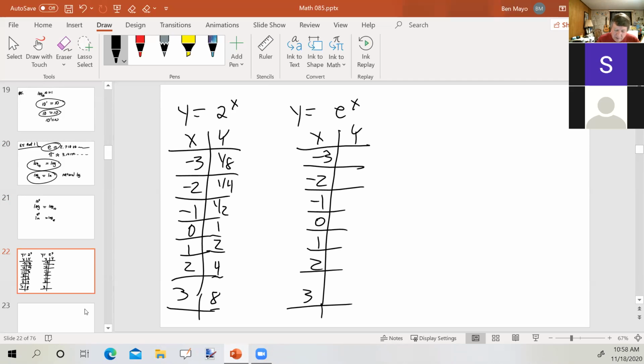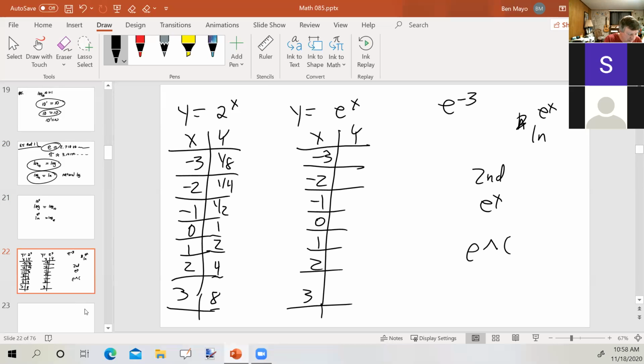Okay, so I need e to the -3 power. How am I going to do that? Well, on that calculator, remember there's the ln button, and e to the x is the second function key. So with your calculator on, if you push the second function key and then e to the x, this should show up.